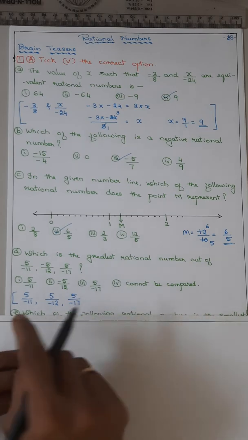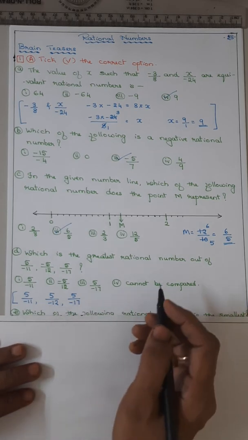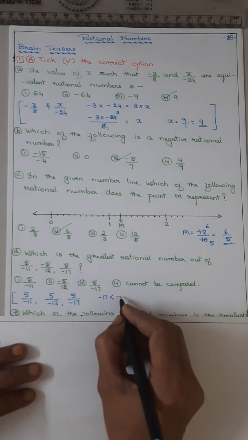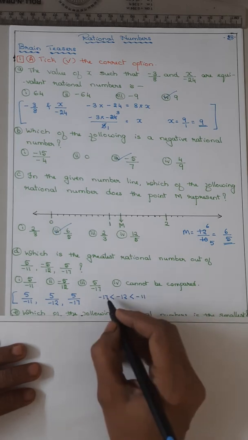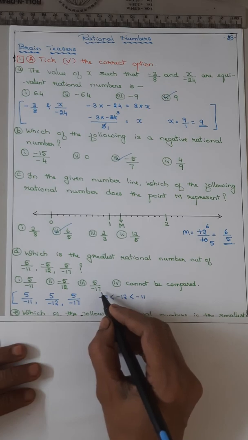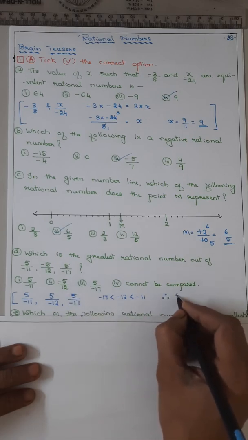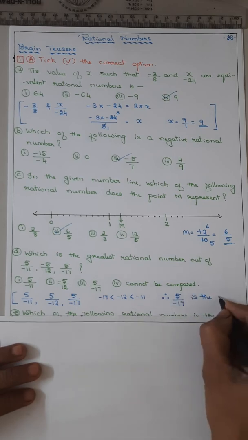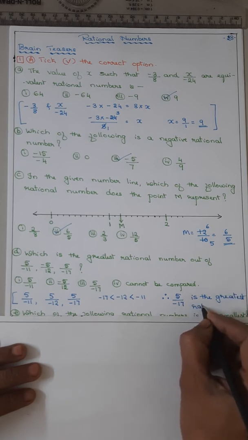So first compare the denominators. In the denominators, minus 17 is lesser than minus 12, lesser than minus 11. Means minus 17 is the smallest, isn't it? Therefore 5 by minus 17 is the greatest rational number.